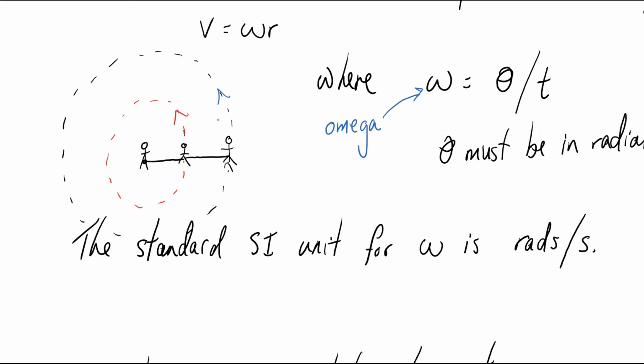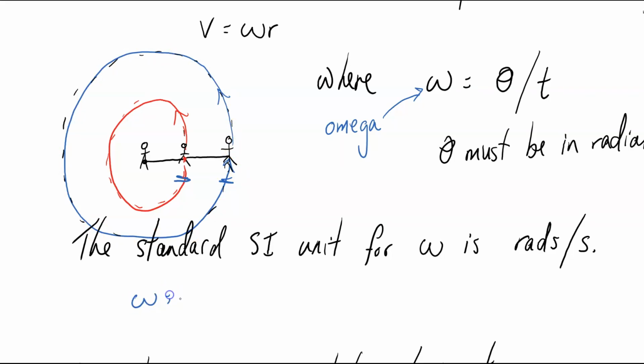What do you remember, if you've ever done something like this, about the speed at which these two people were traveling? They're going around a circle at the same rate. They're coming back to this point at the same time, right? That means their angular velocity is the same.